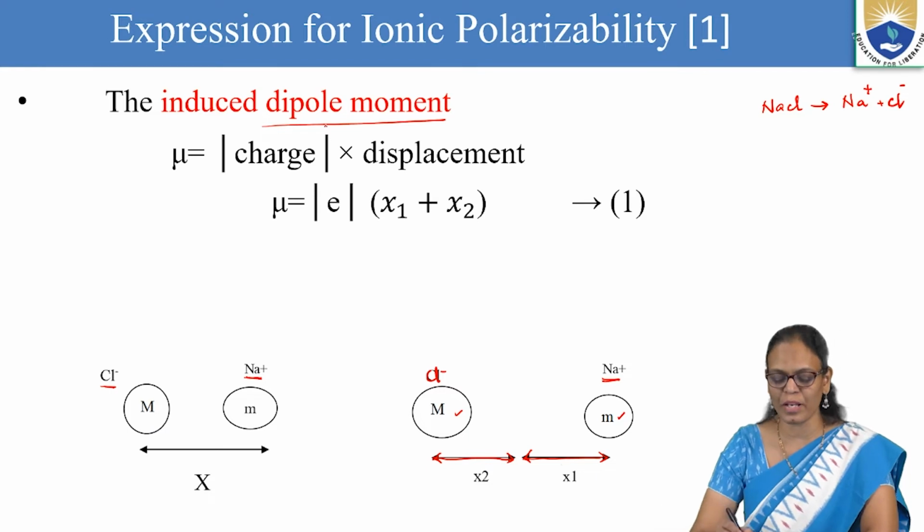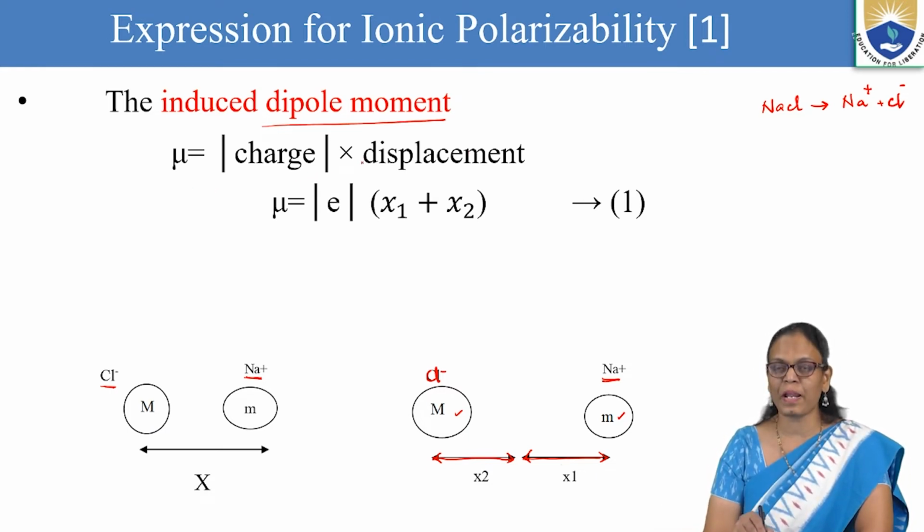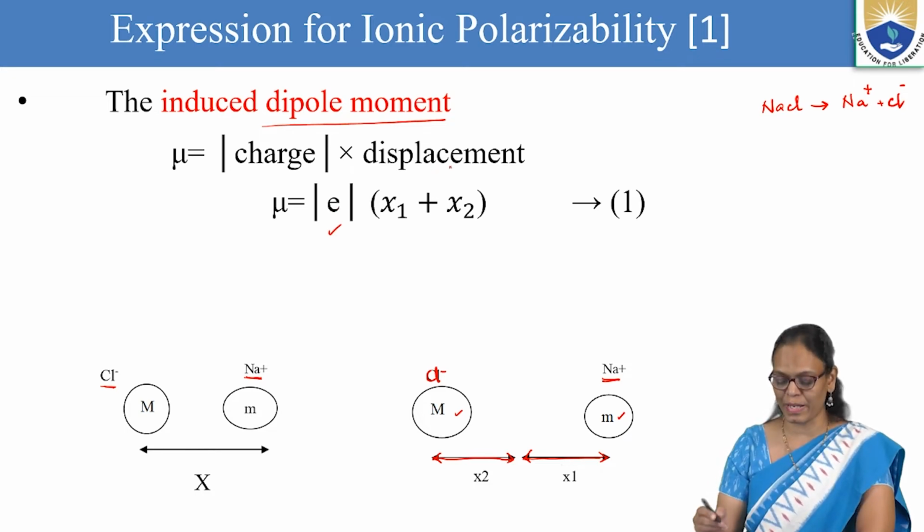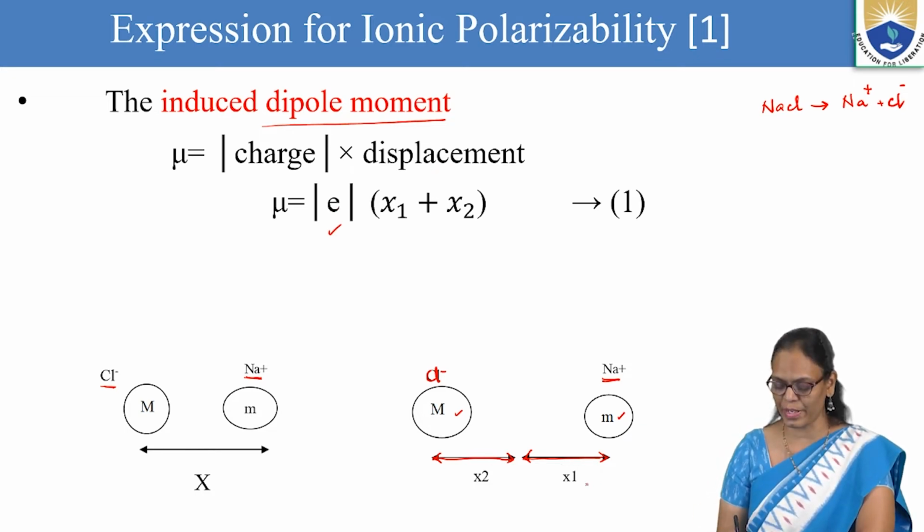Again, the formula we have for dipole moment is charge multiplied by the displacement. The charge we have taken here is e, and the displacement between the two ions will be x1 plus x2.